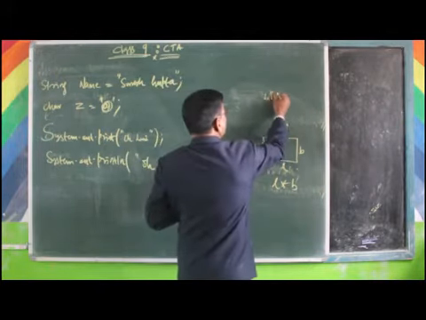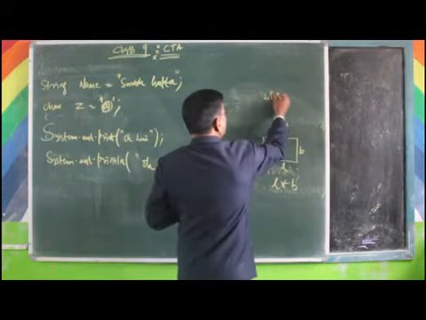So 4 into 22 by 7 into whatever radius you give. To calculate the area of a sphere, you need to have the radius of the sphere. Here also, 4 by 3 is a constant, and pi is also a constant. Here r cube means r into r into r, where r stands for radius.